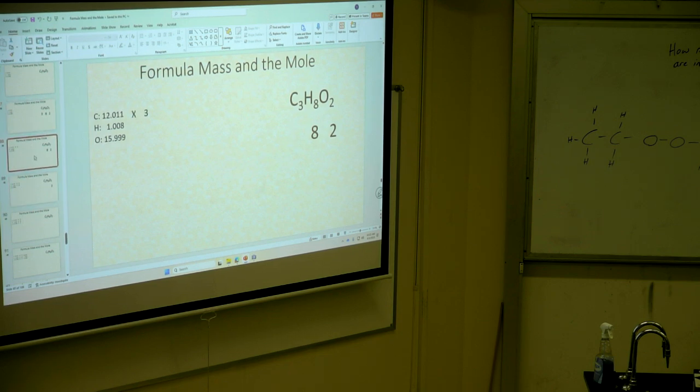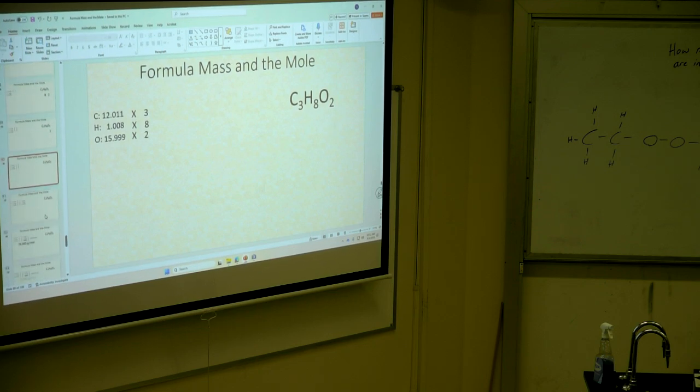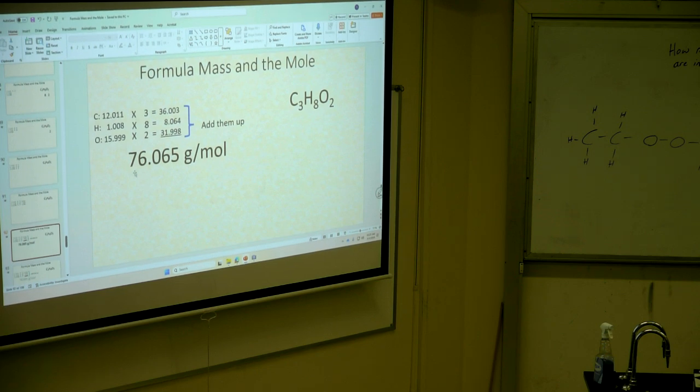So I'm going to multiply this one by 3. If I multiply across, this is what I get. Then I add those up. And the sum of 36, 8, 31 and change is 76.065 grams per mole. That's the grams per mole for this.